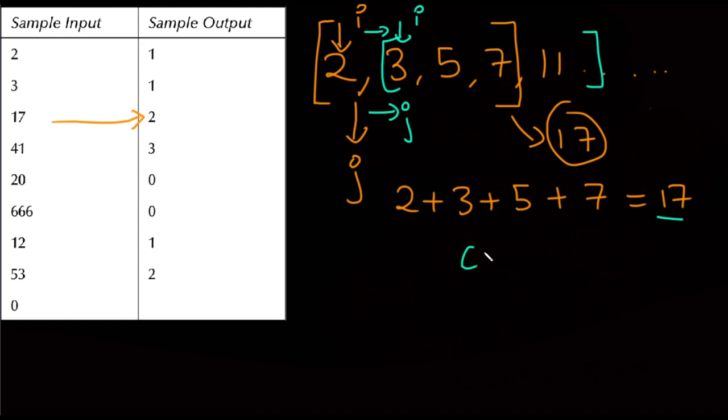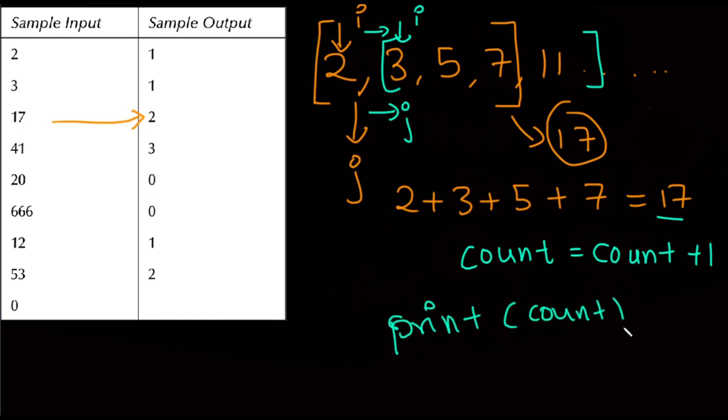If they're equal, we'll increment our counter by 1, and if they're not equal, we'll not increment our counter, and finally we'll print our count. So count will be our answer. Let's move on and see some code for this.